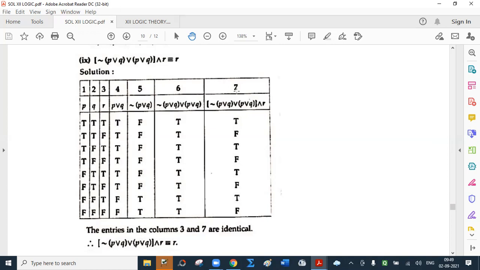And seventh one is conjunction of this with R. You have to be very careful. So here you will notice that entries in columns 3 and 7 are identical. So these are logically equivalent statements.